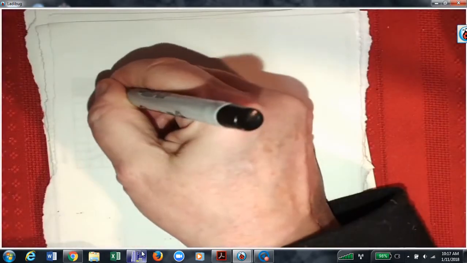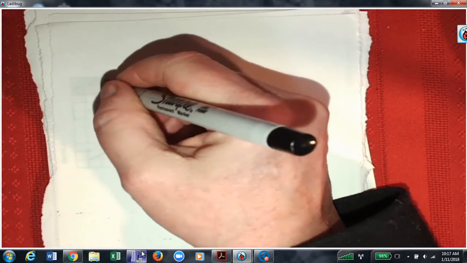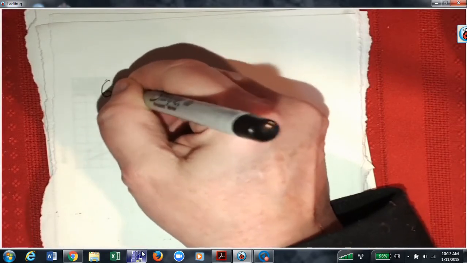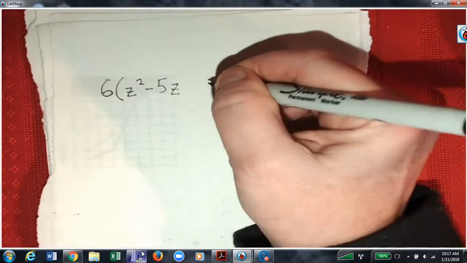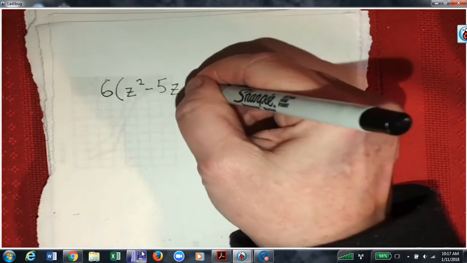Let's see if I can write it with a darker pen. I write my z's with a little line through them so I don't get them confused with the number 2.